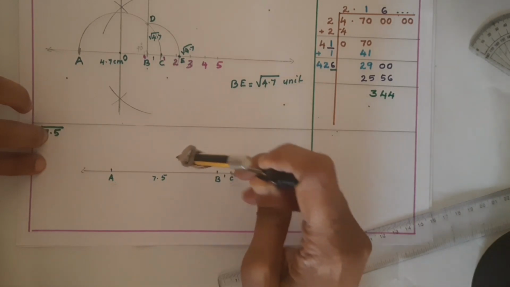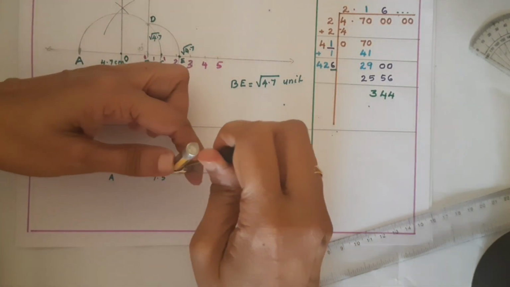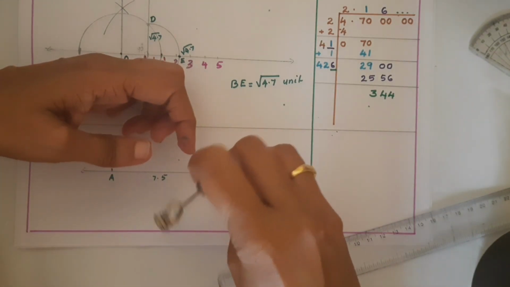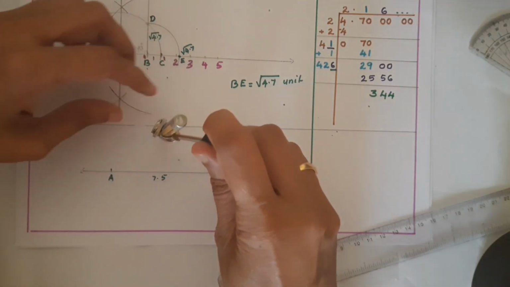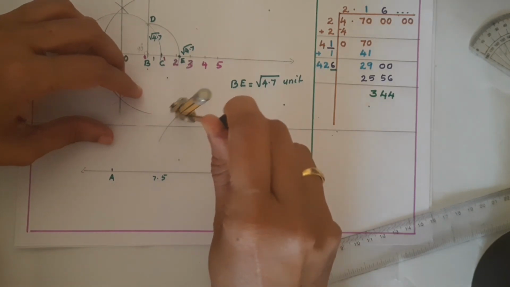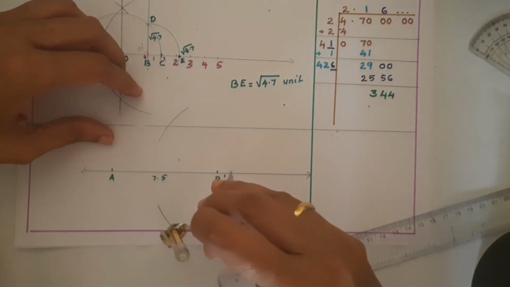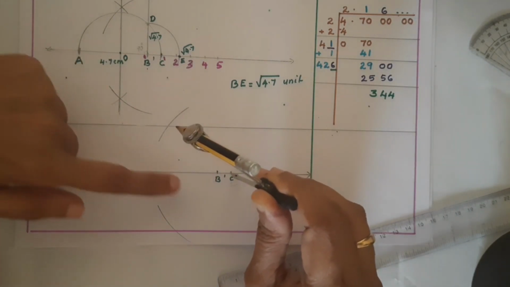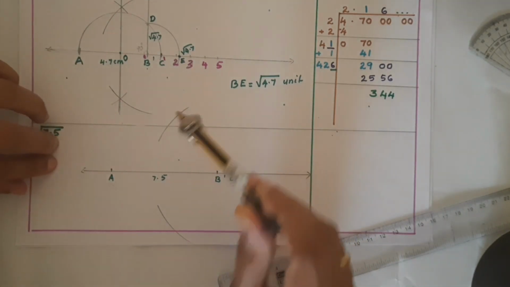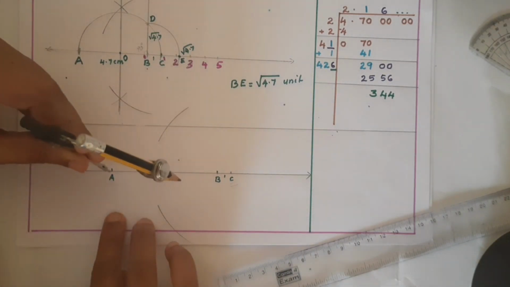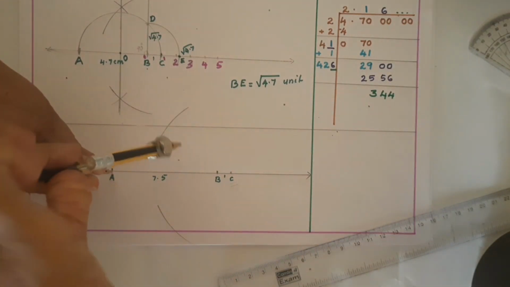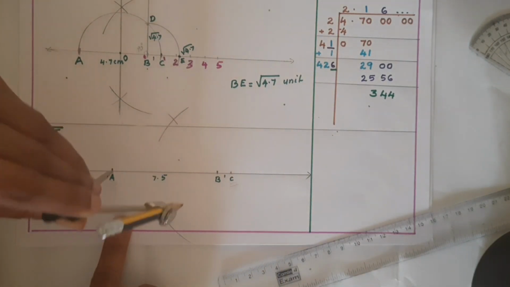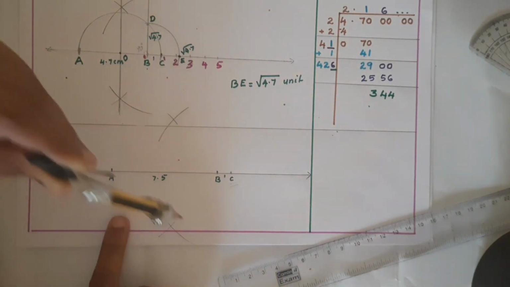Fix the compass at C and take more than half. Okay, children, I'm taking more than half. Okay, from C, don't forget that. Then from A with the same measurement, draw other arcs to bisect these two.